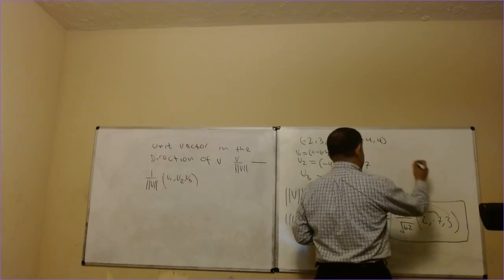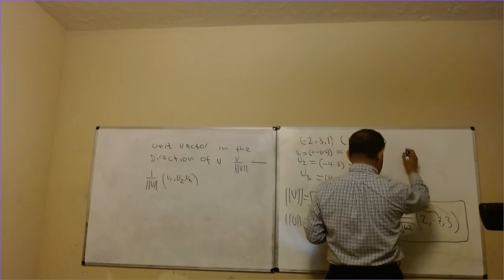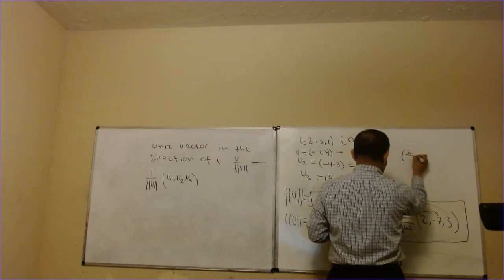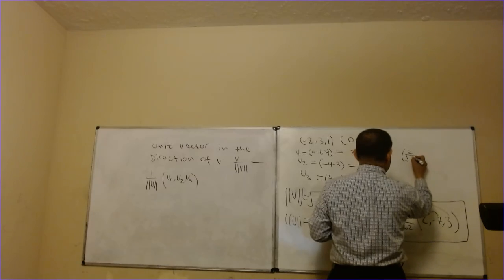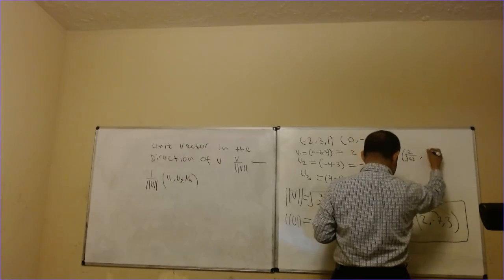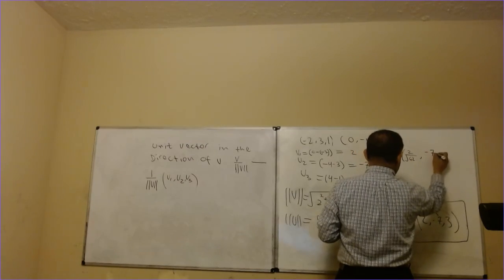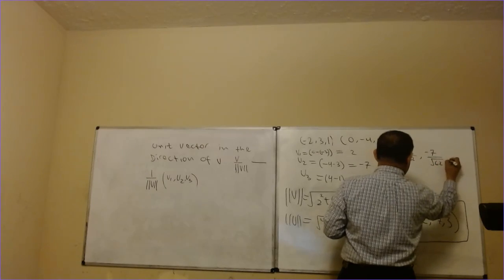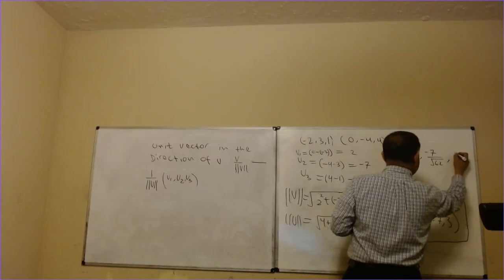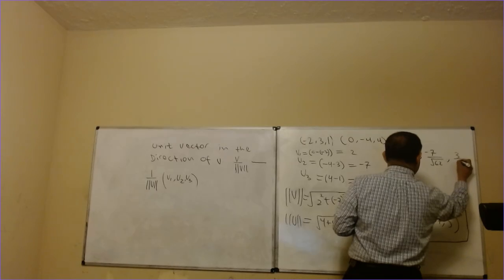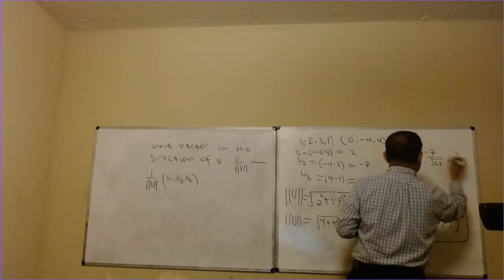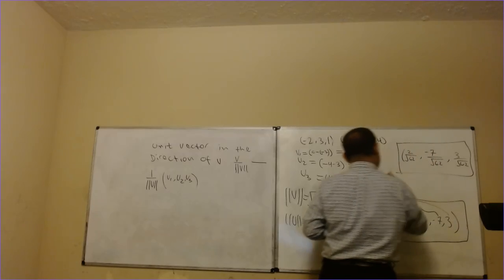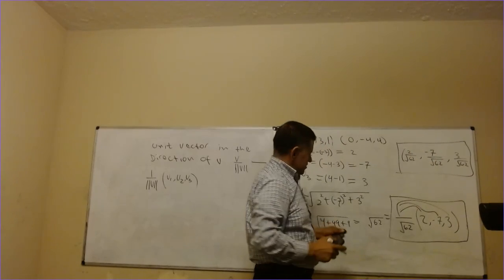So it can be written as 2 over the square root of 62, comma, -7 over the square root of 62, comma, 3 over the square root of 62. That is also a valid answer. So that's how you do that.